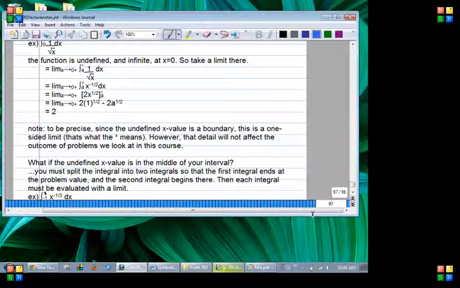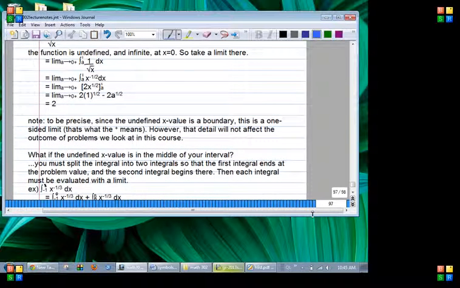So for example, the integral from -1 to 8 of x to the -1/3. Where's the problem value? That's between the -1 to 8. Right. Which number? 0. The problem value is at 0. You have to split it up at 0.